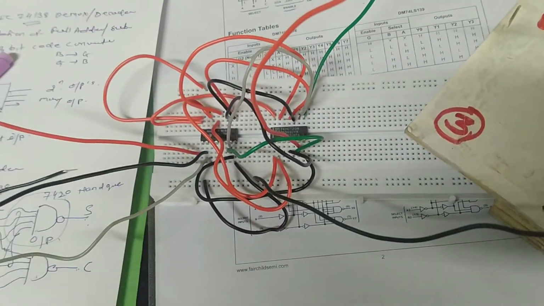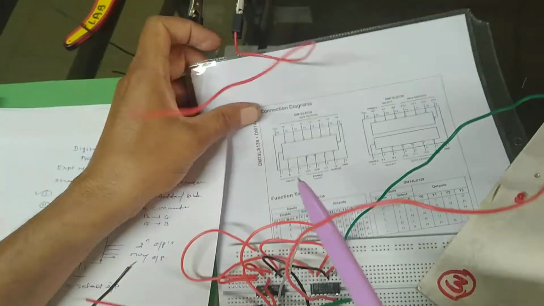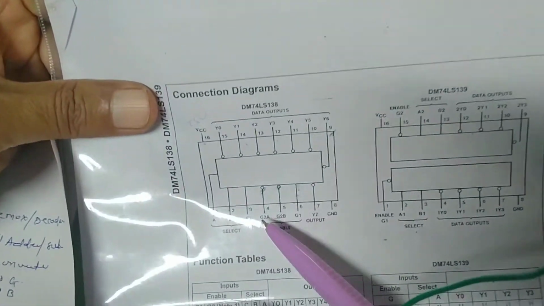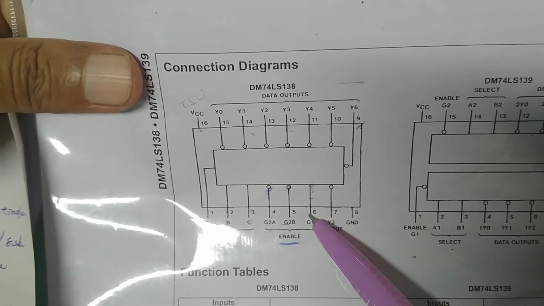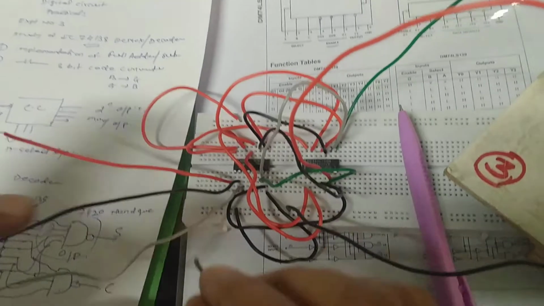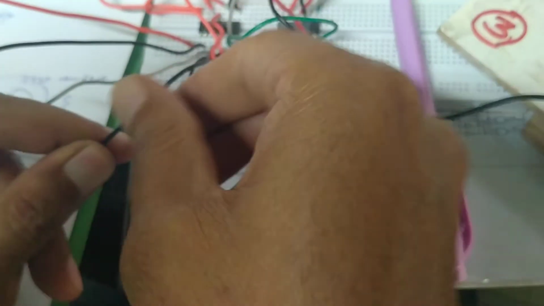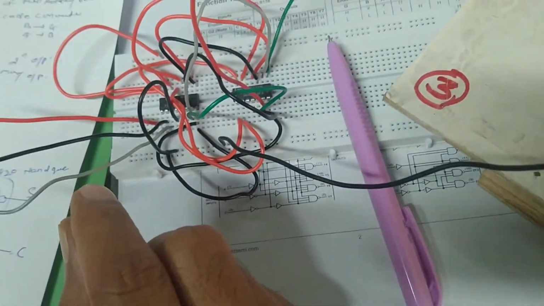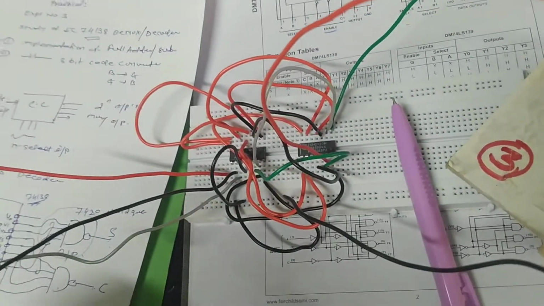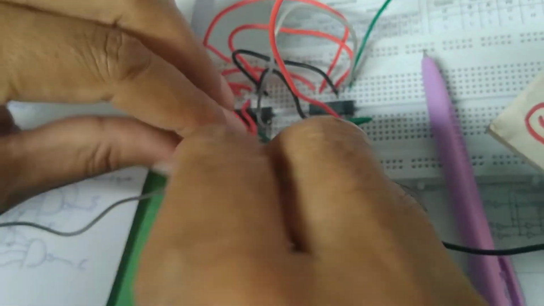Now the connections of the enables are remaining, and you can see in this data sheet, 4 and 5 are connected to the ground, and 6 is connected to VCC. So 4 and 5 we have to connect to ground. This is terminal number 4, connected to ground. 5 is also connected to ground. This is pin number 5.